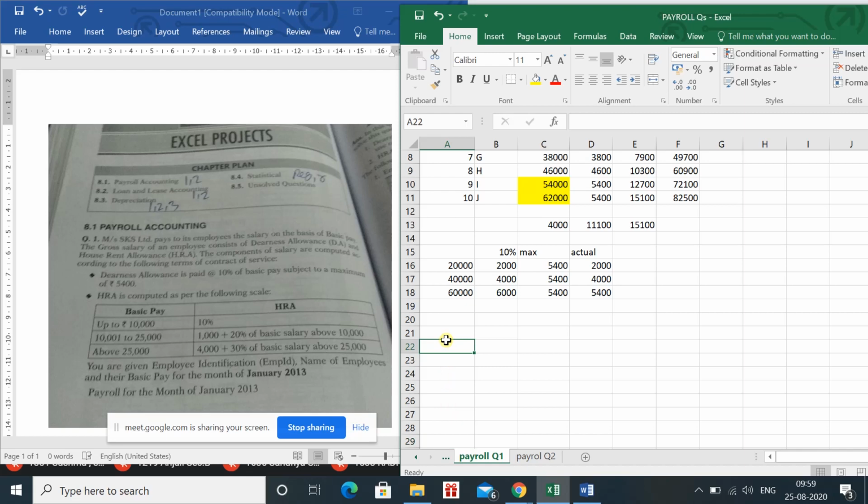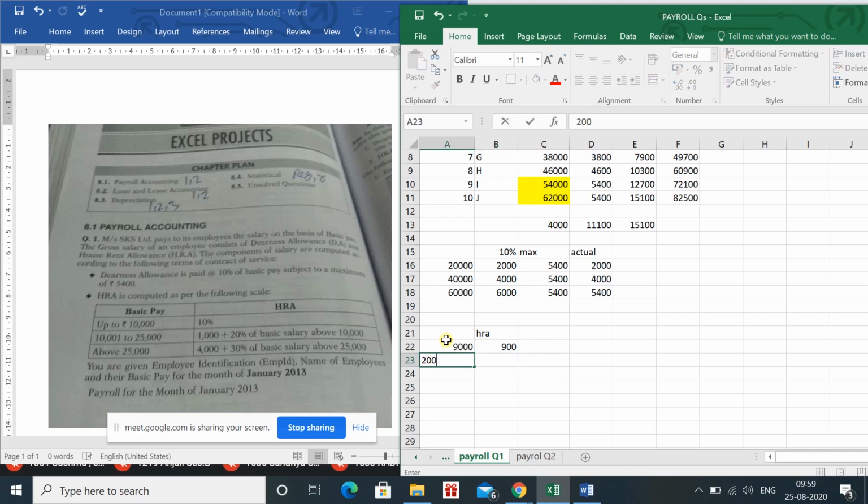So suppose your basic salary is 9,000 only. We are saying up to 9,000 there is no problem. You just pay 10% of the salary as your HRA, if your salary is up to 10,000.